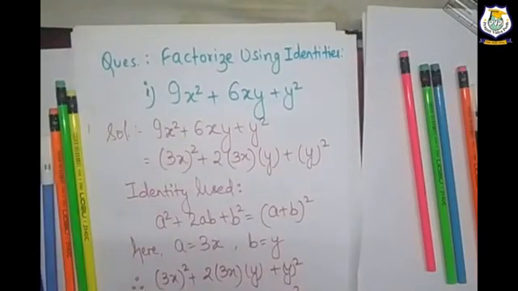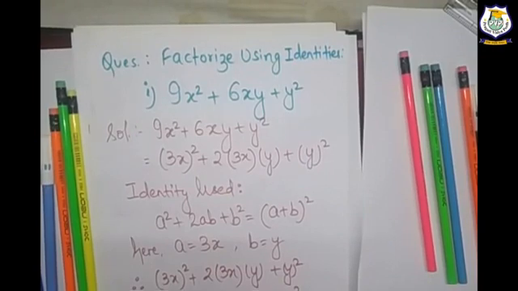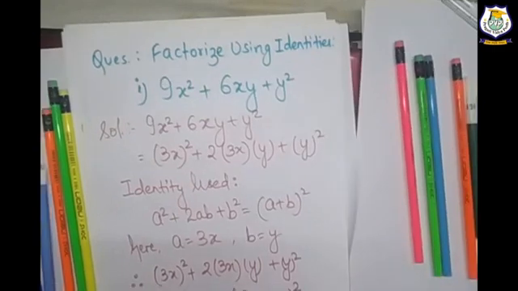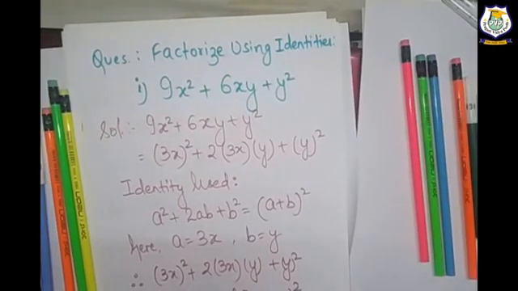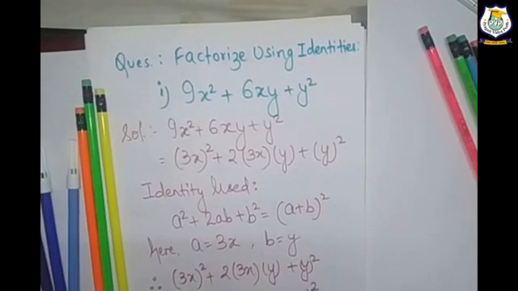This particular example is with a different condition, that is, factorize using identities, which means the reverse condition. First of all, I want to explain what factorize means. Factorize means finding the factors of a term. Suppose we have a number 6, and I ask what the factors of 6 are.